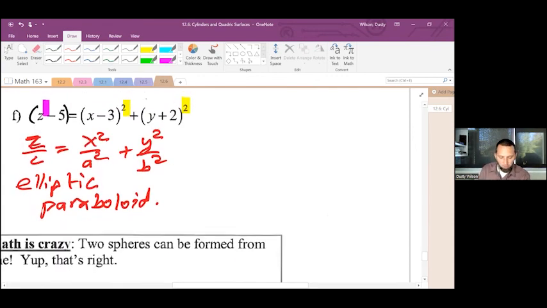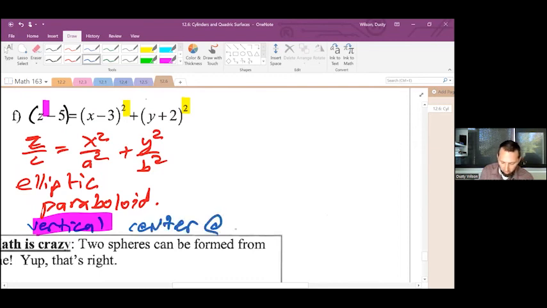In F, once again, we're drawing an elliptic paraboloid, and so this is going to be vertical. Again, because the z is on its own. But here, instead of orienting it centered at the origin, I'm going to try to center it at the point 3, -2, and 5.